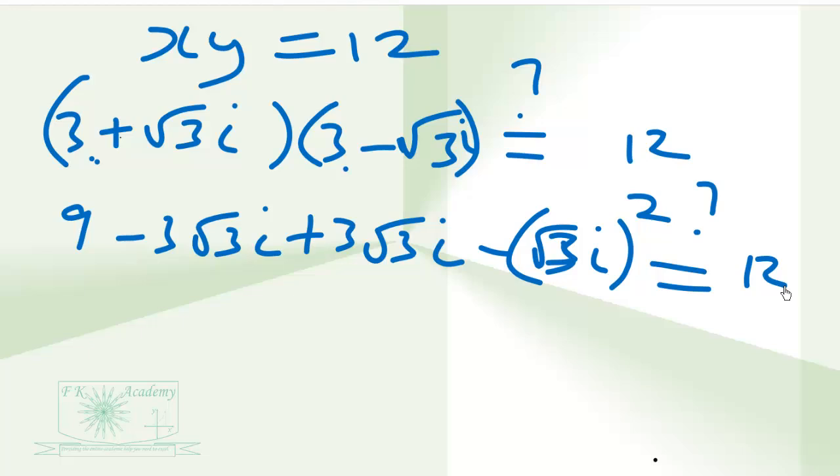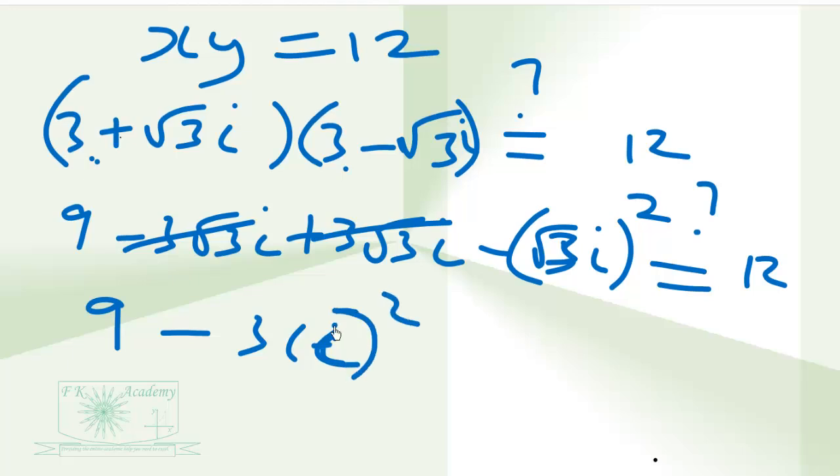We keep checking. So this and this gives us 0. We are left with 9 minus root 3 squared, which is 3, then we have i squared. So remember that i is equal to square root of negative 1.